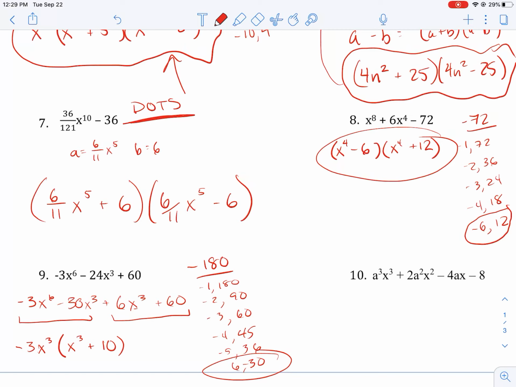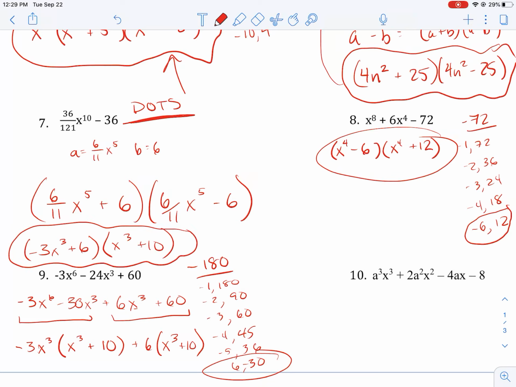Then over here, I'm just trying to mimic this last set of parentheses, so I'm going to take out a 6 again, so it's going to be x cubed plus 10. And so our final answer is negative 3x cubed plus 6, and x cubed plus 10. So sorry about screwing up on that one a little bit. But anyway, that is the answer to number 9.